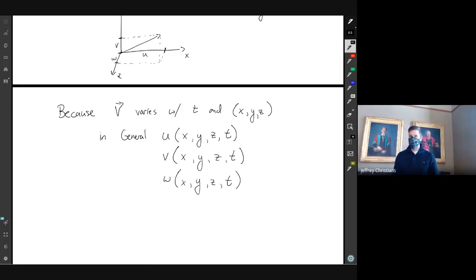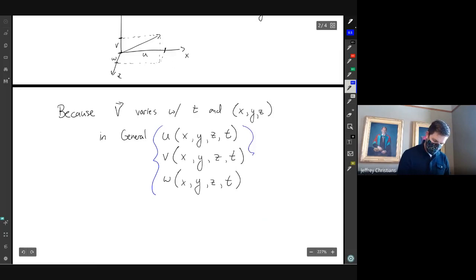Okay. Typically, we'll talk about whether a flow is one-dimensional or two-dimensional or three-dimensional, and whether it varies with time. And we'll talk about that based on how these components are varying. So, let me make my notation a little bit better.